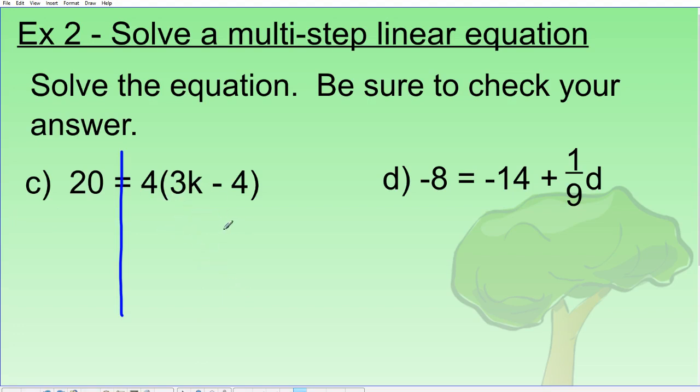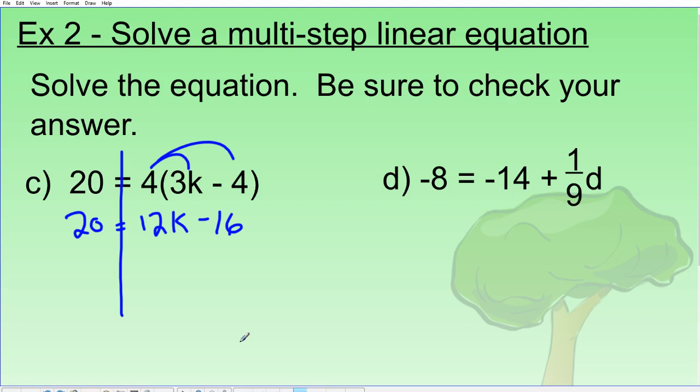So my solving here, I see I have parentheses here. So I'm going to start by distributing. That's going to give me 4 times 3 is 12k. 4 times negative 4 is negative 16. Okay, distributed.